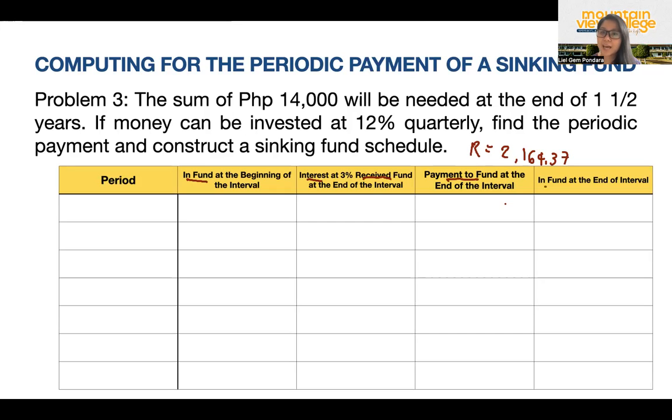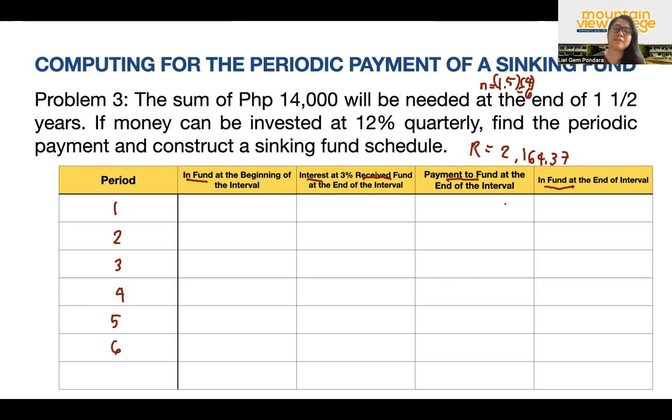But here we say in fund at the end of the interval. So let's start. How many periods are there? That's 1.5 times 4 quarters. So there will be 6 periods. So 1, 2, 3, 4, 5, and 6.